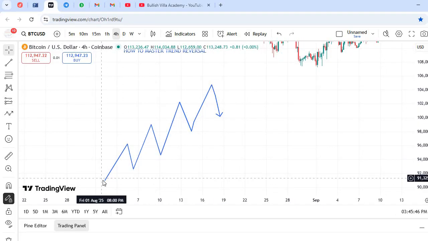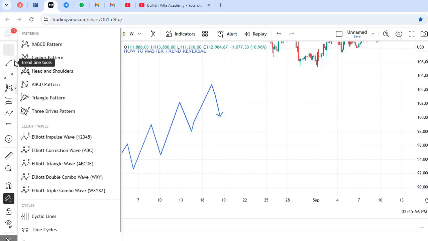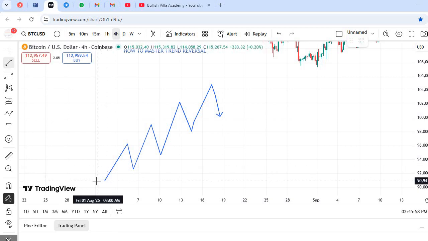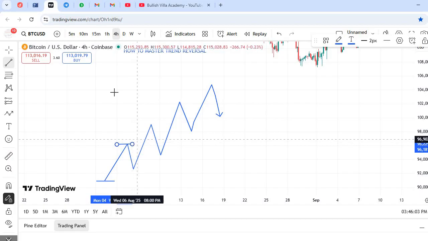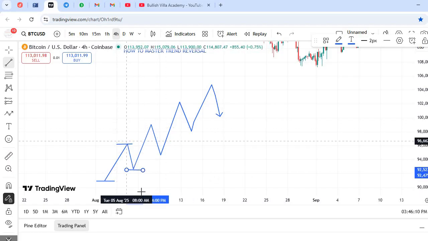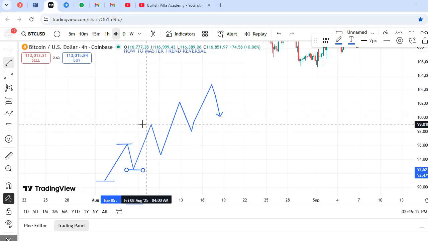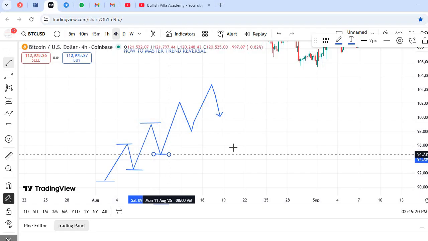But now let's come here. If we come here and we do something like this, now this is a particular leg. From this low to this high is one leg. From this high to this low is another leg. From this low to this high is one leg. From this high to this low is another leg.